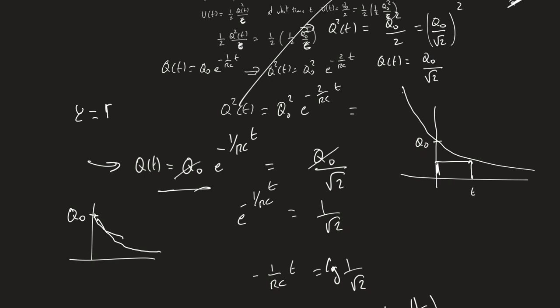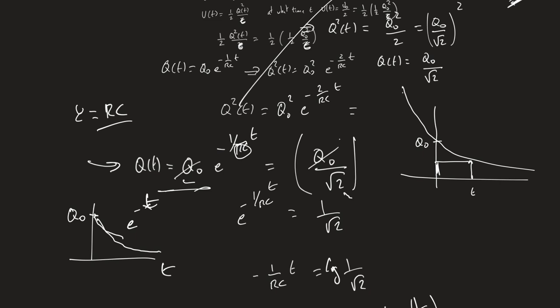This is tau. The charge decreases like an exponential function, e to the minus t over RC. And the problem says the charge will be Q0 divided by square root of 2.